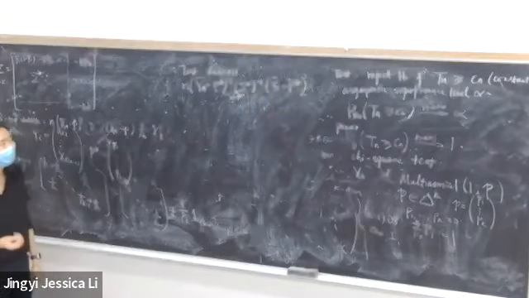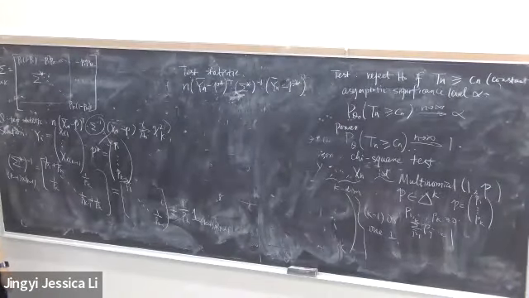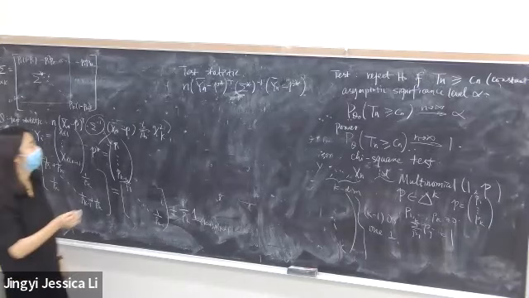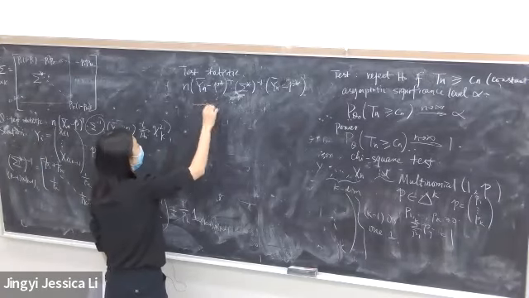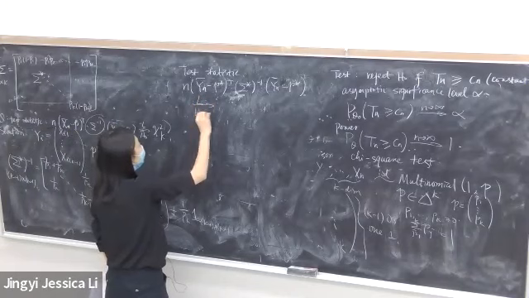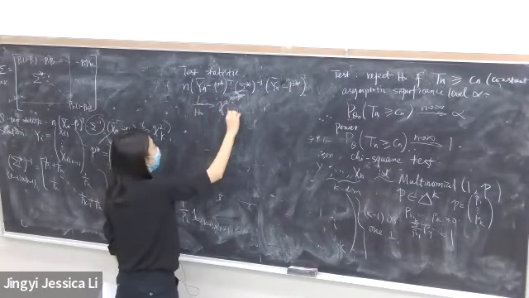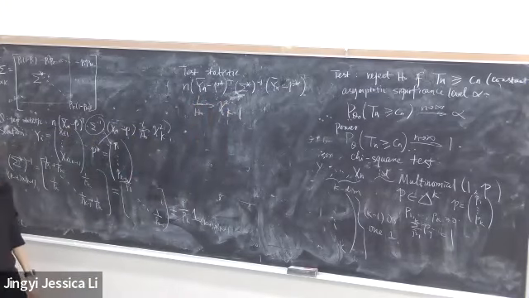Because now I only keep k minus 1 parameters, this should converge under the null asymptotically to chi-squared with k minus 1 degrees of freedom.